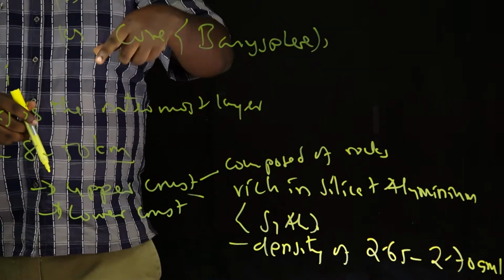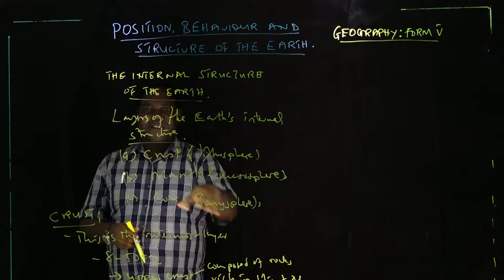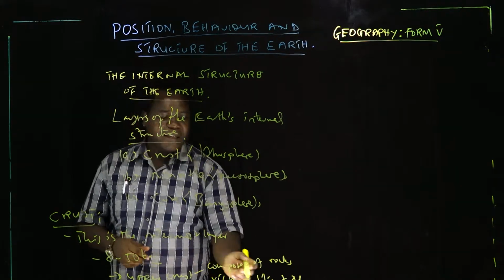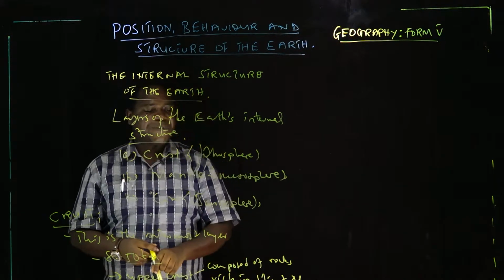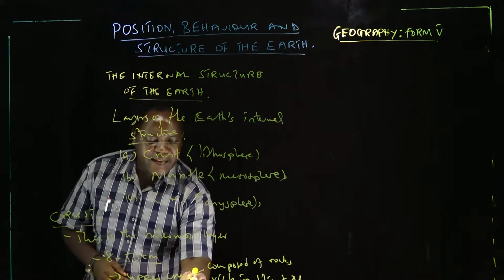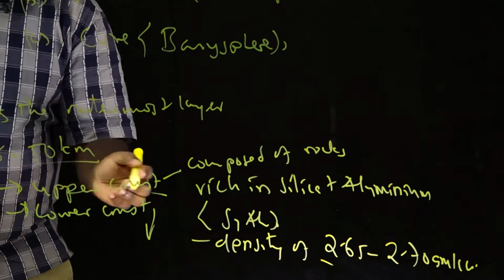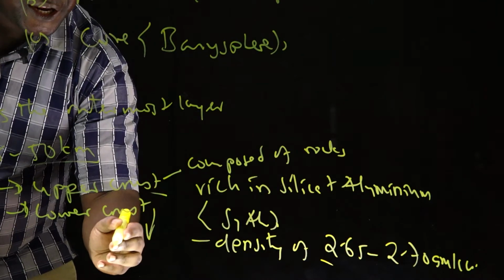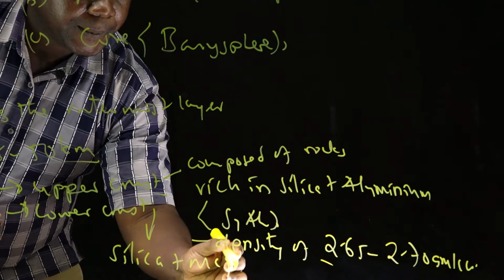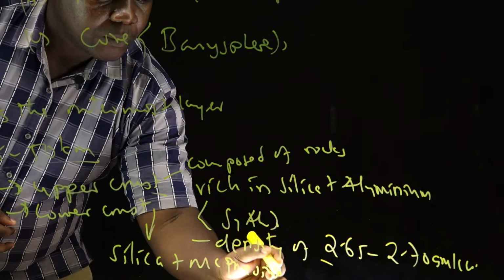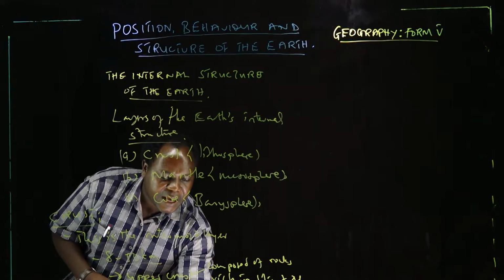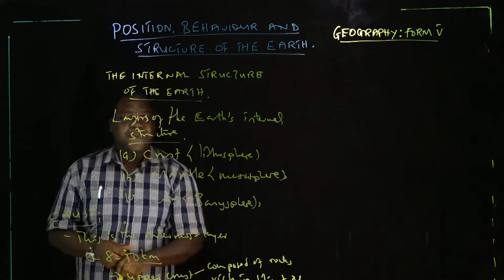And therefore, when we speak of continents, Africa, Asia, and other continents, mainly they are made of silica and aluminum. But the lower layer that we speak of now is made of silica and magnesium, with a density of 2.9 grams per cc.